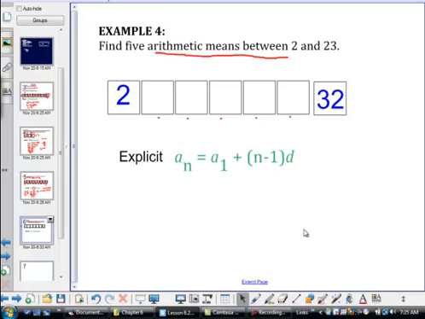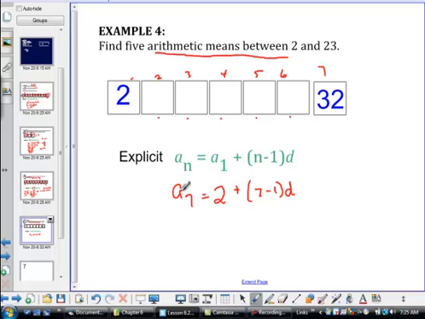And let's see. A sub n, a sub 1 I know, that's 2. And I've got, let's see, 1, 2, 3, 4, 5, 6, 7th. So this is my a sub 7. So n would be 7.